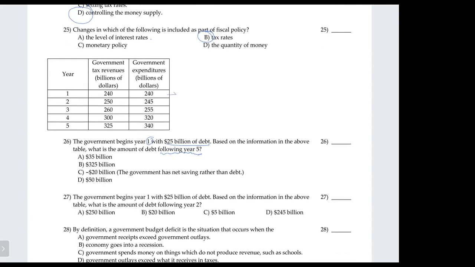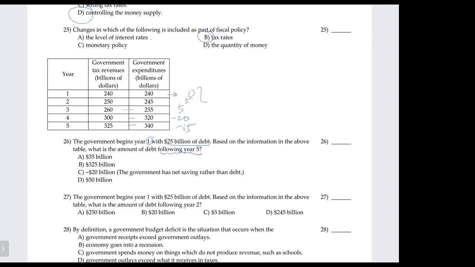Find out each year what is the surplus or deficit. So year 1 is 0. Year 2, you have a surplus of 5. And in year 3, you have a surplus of 5. And then you have a deficit of 20. Then you have a deficit of 15.